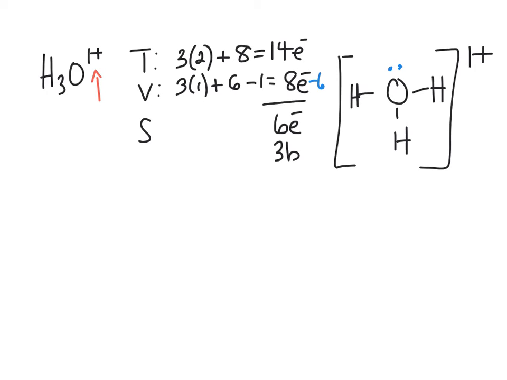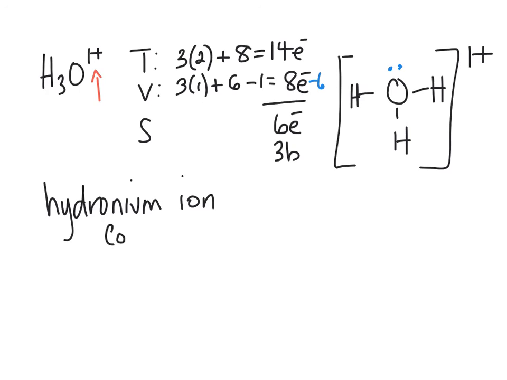Now, this is called the hydronium ion. It's important in acid chemistry, so we'll get to this when we get to acids and bases. And basically, no pun intended, it is an example of a coordinate covalent bond.